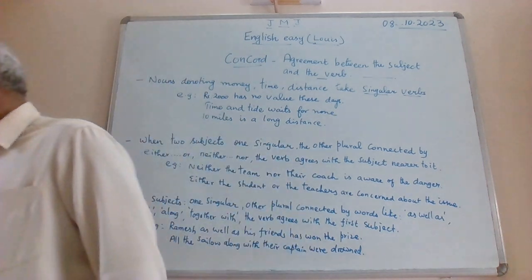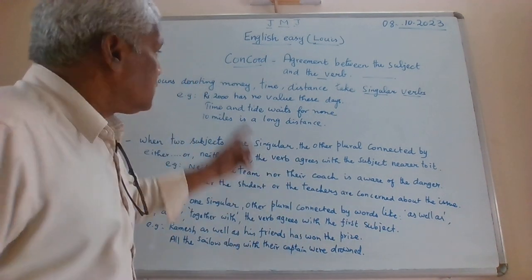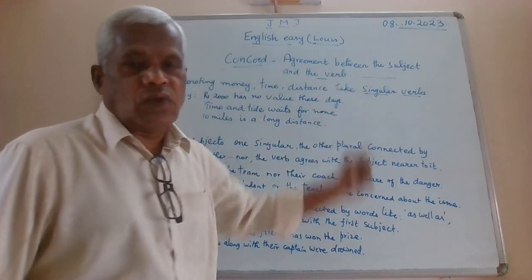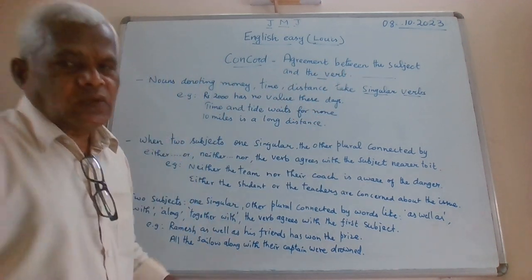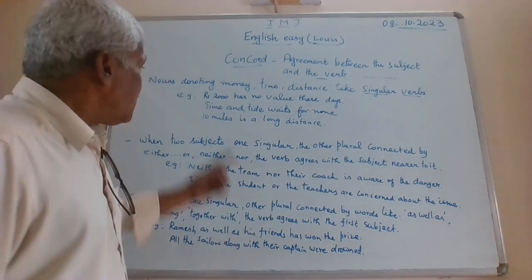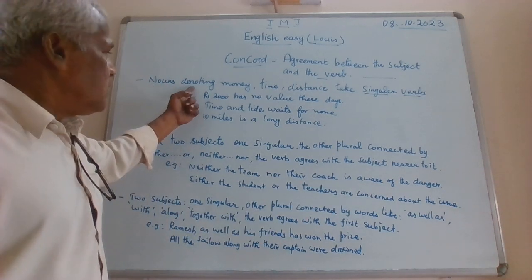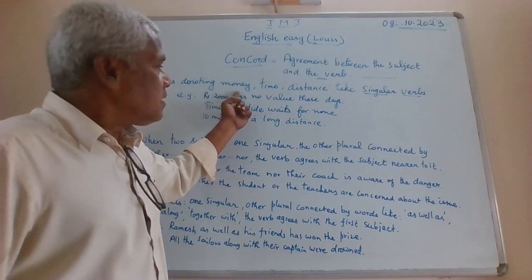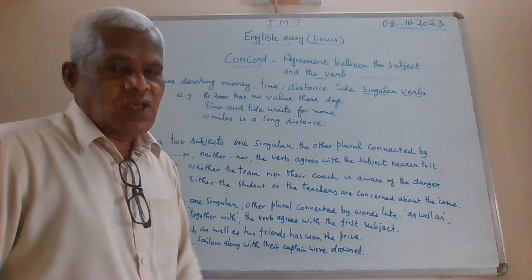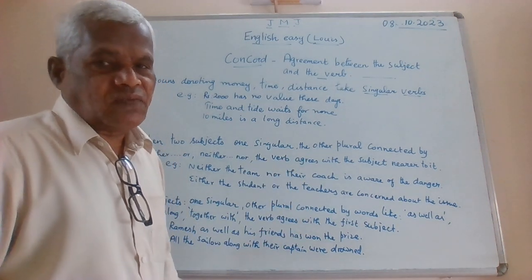Okay, now let me explain. The third one, see, this is the topic, Concord, the agreement between the subject and the verb. The third rule relevant in this understanding of Concord is that nouns denoting money, time, distance. So listen to the explanation carefully.